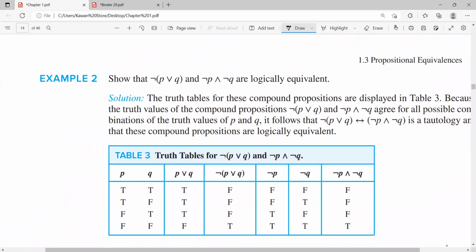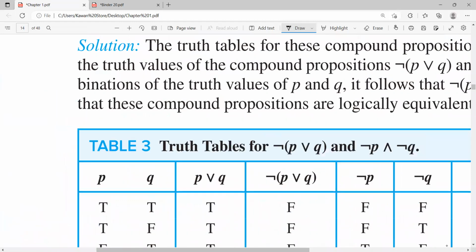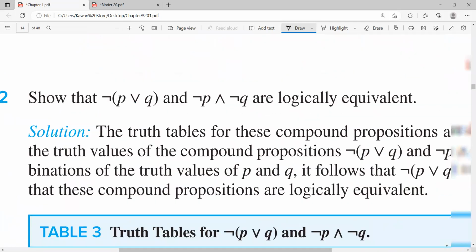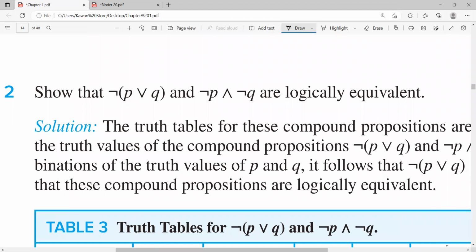Use a truth table to show De Morgan's law. Didn't we say that these two are equivalent? So show me De Morgan's law is a tautology.